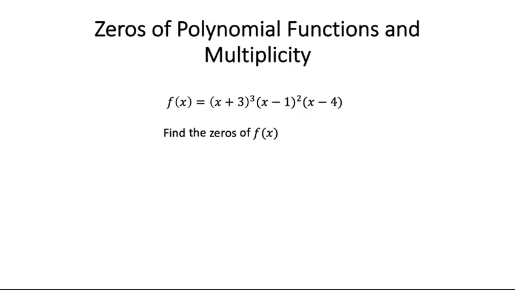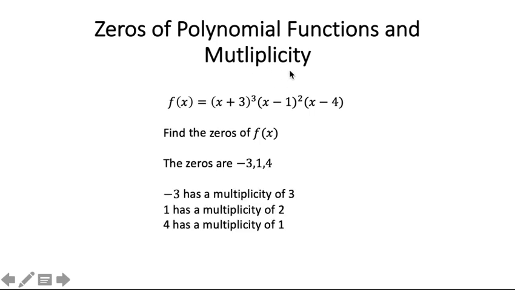Find the zeros of f of x. The zeros, I hope you figured out, were negative 3, 1, and 4. What was different about this example is that these factors have exponents on them. So we call this the multiplicity of the zero. In this example, the zeros are negative 3, 1, and 4.